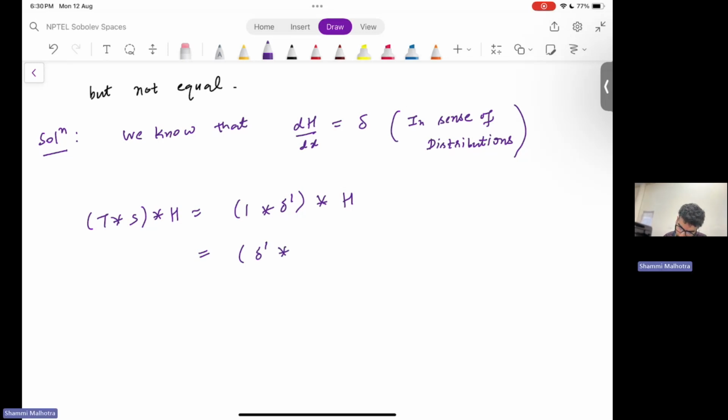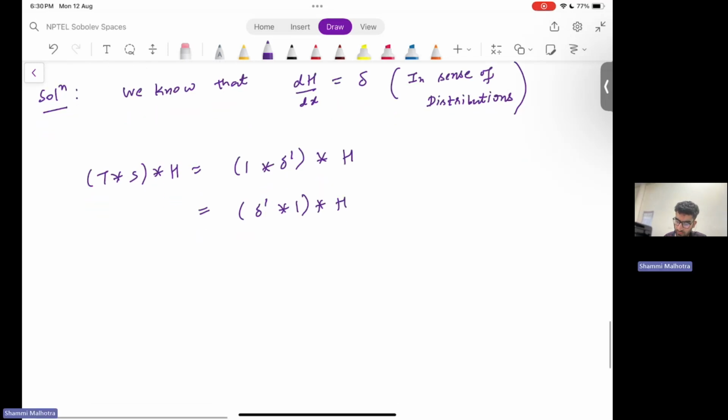This is delta dash star 1 star h. And what is delta dash star 1? This is actually the zero distribution. And how do we see this? It is like 0 star h.